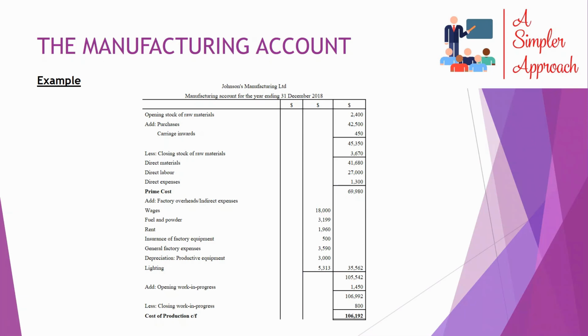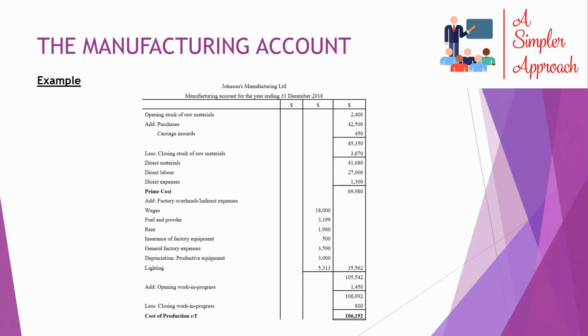Then you would get 106,992. Then you subtract the closing work in progress. Why? It cannot be accounted for in this case. It's semi-finished goods. We are calculating the cost of finished goods. Therefore, it has to be subtracted. When the subtraction has taken place, you would be left with 106,192.